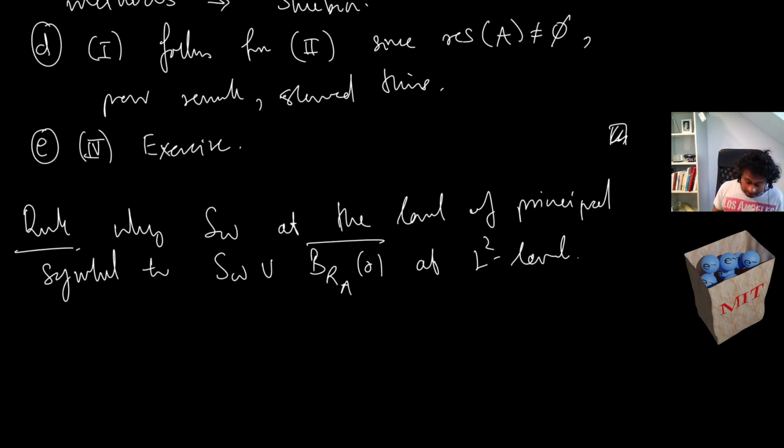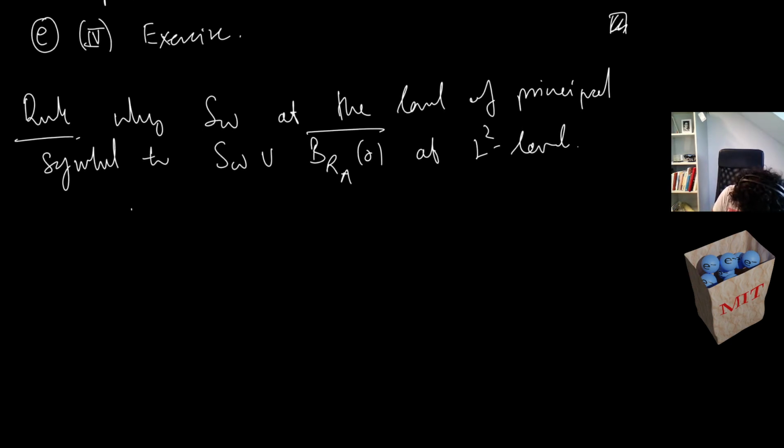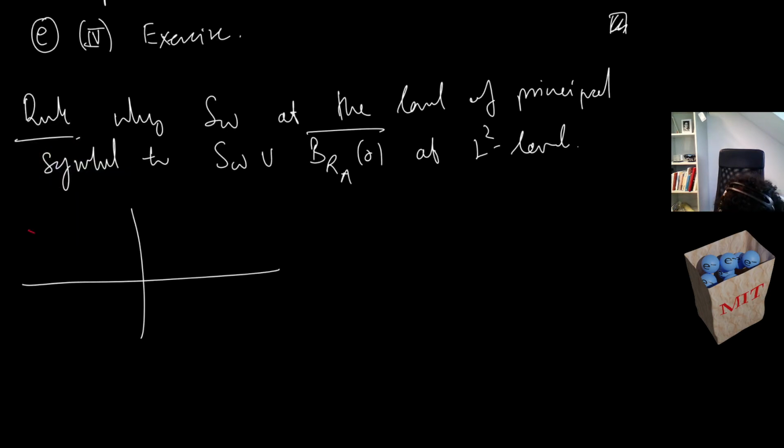So at the symbol level, we have that the spectrum of the symbol is contained in this bisector S omega. So why do we now pick up an error term of a ball? So consider this. Let's have a look at two operators. Suppose that we start with an operator whose spectrum is in this bisector, right?